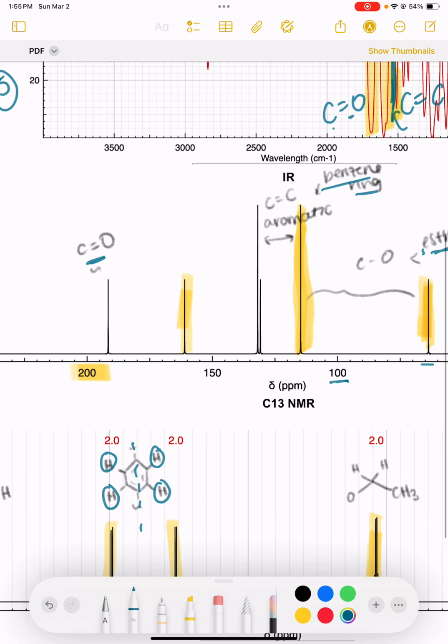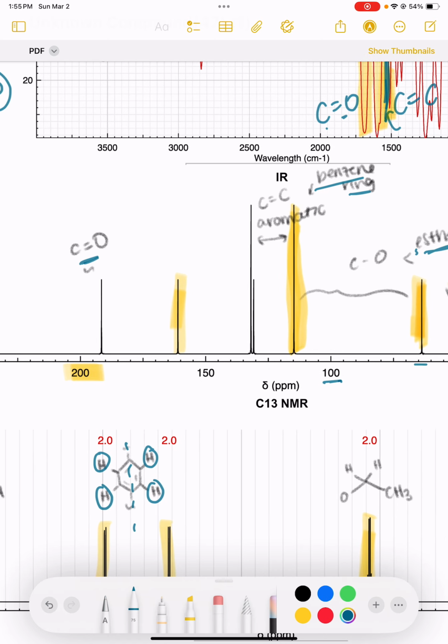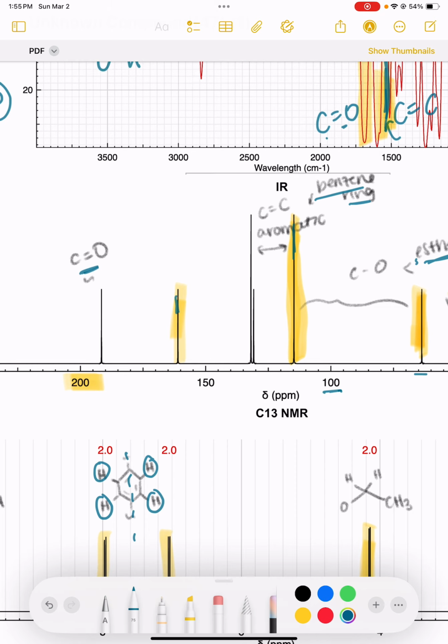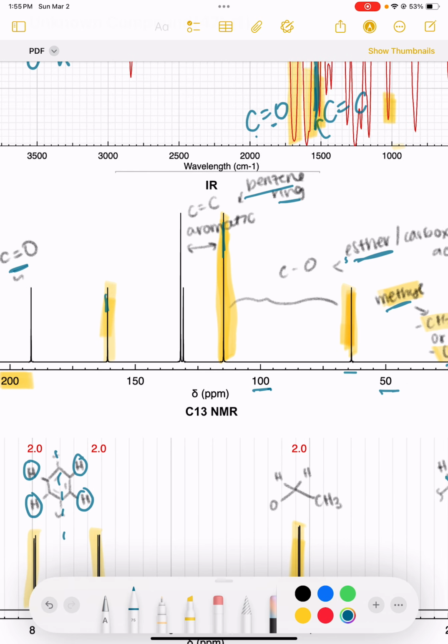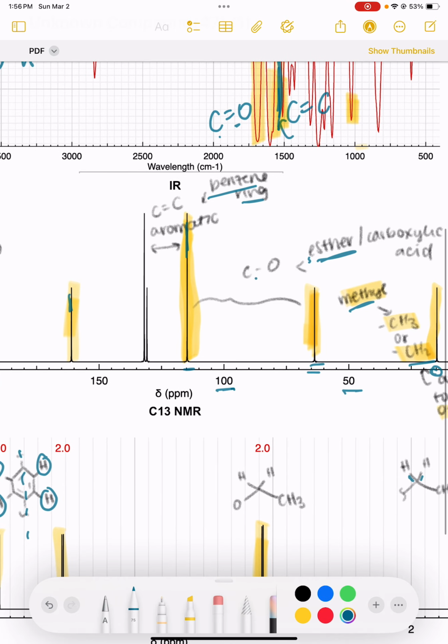And then if you look from 120 to 160, we see that there is a carbon double bonded to a carbon, again aromatic, so it tells us there's a benzene ring present there. And then around 50 to approximately 100-ish, there's a carbon single bonded to an oxygen, which tells us it is an ester or a carboxylic acid.